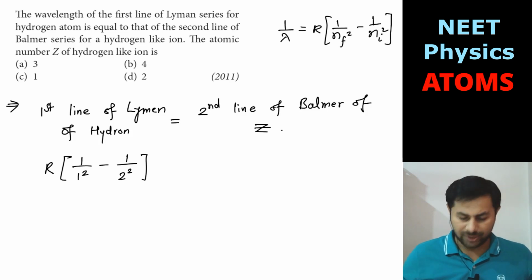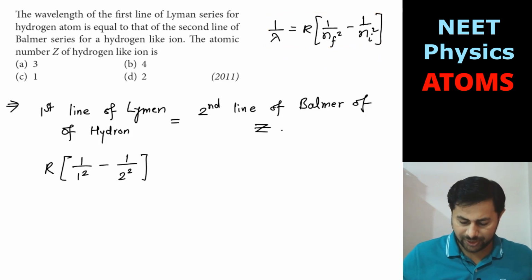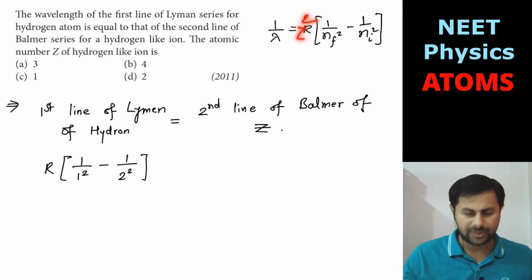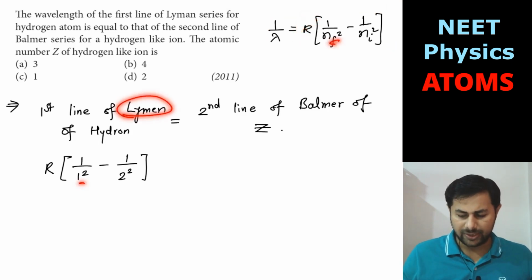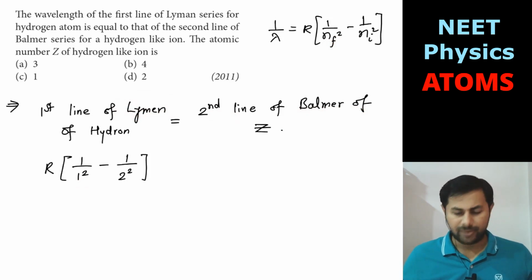This is for hydrogen, and for hydrogen-like atoms there is just Z square in multiplication with this R. If it is Lyman, then nf is equal to 1. If it is Balmer, then nf would be equal to 2, right? So this is the second line of Balmer series of an atom having atomic number Z.